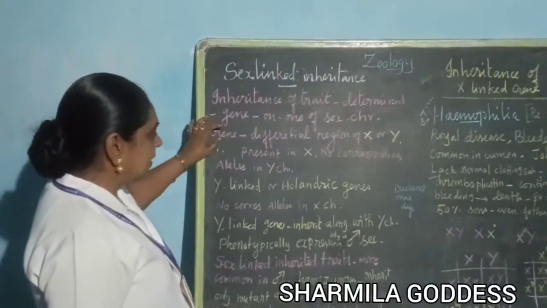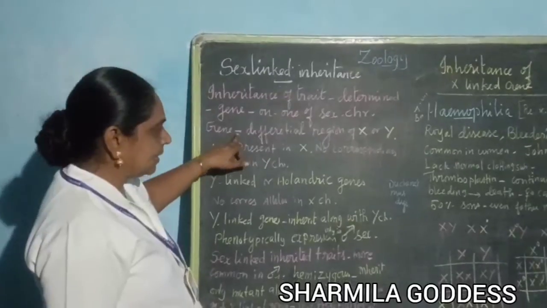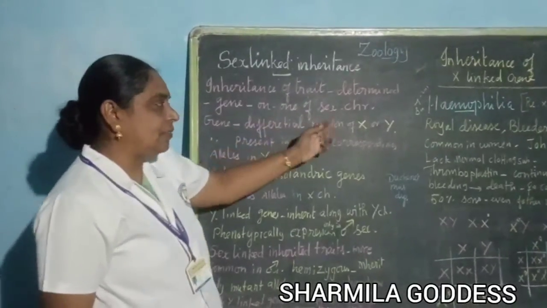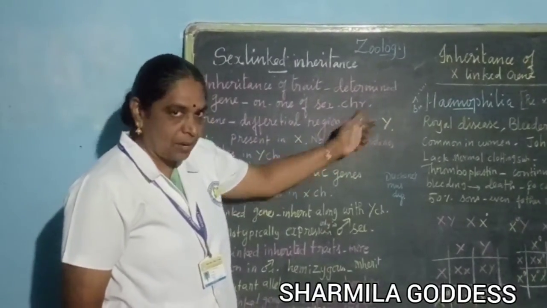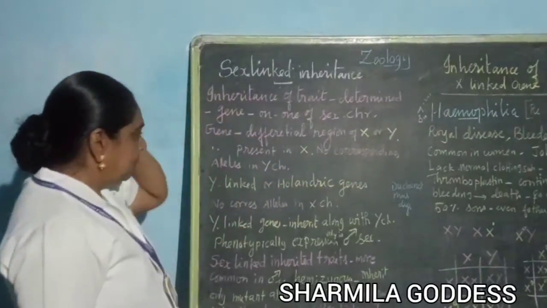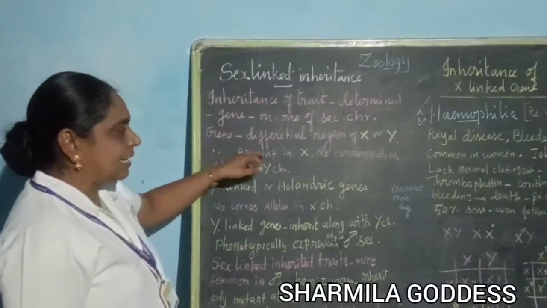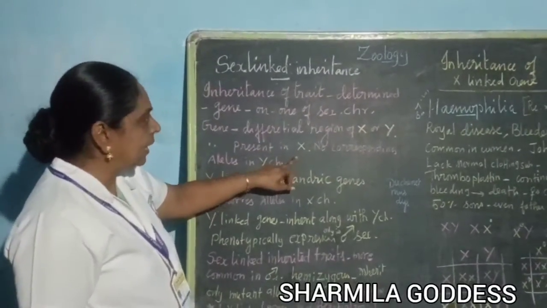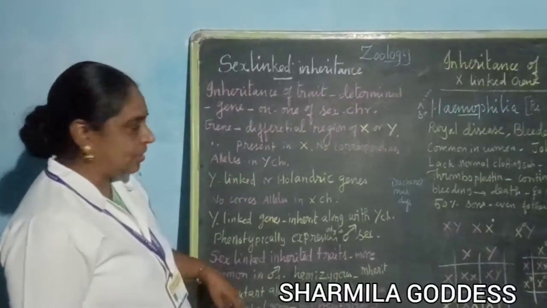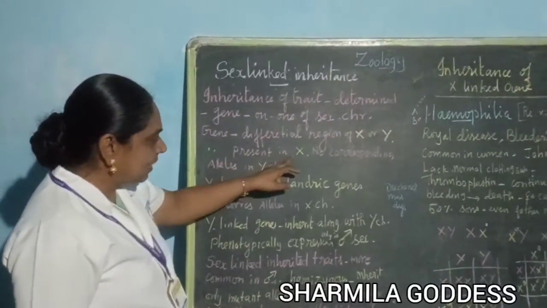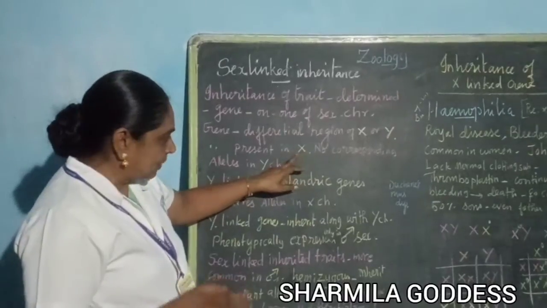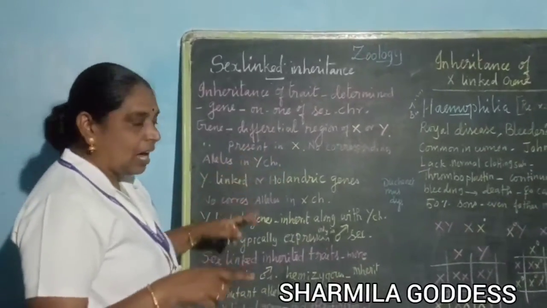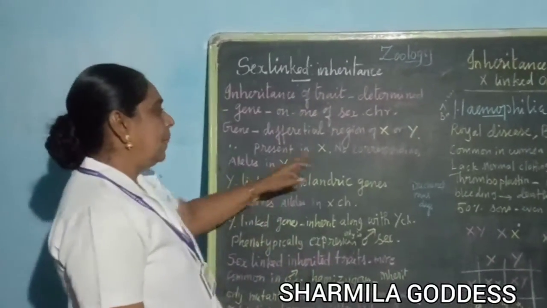So the genes are present in the differential region of the X chromosome or the Y chromosome. The genes present in the X chromosome are called X-linked genes. An X-linked gene is a gene present in the differential region of the X chromosome.